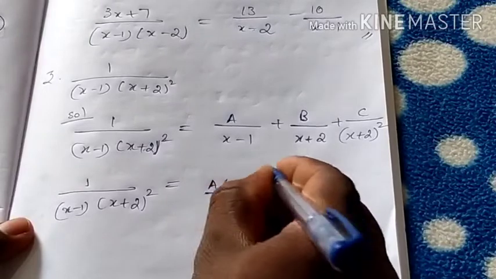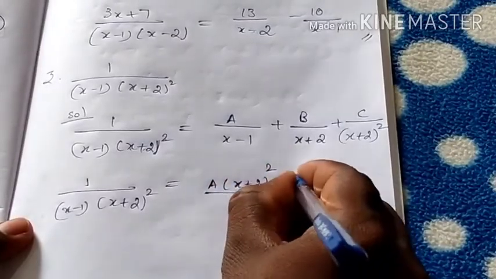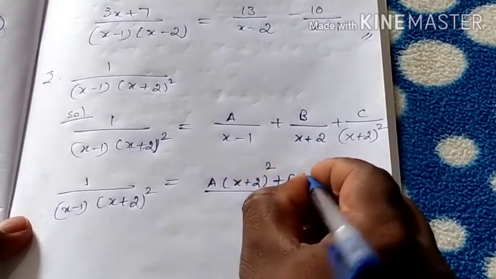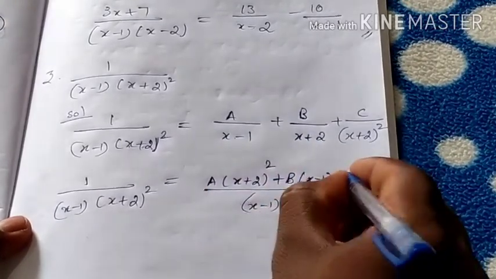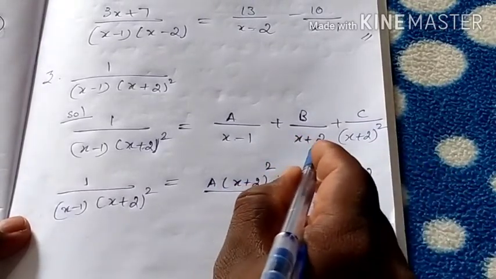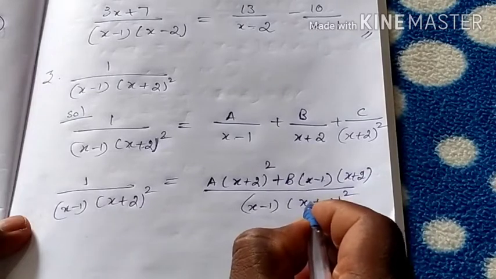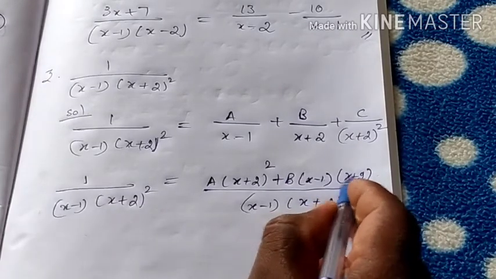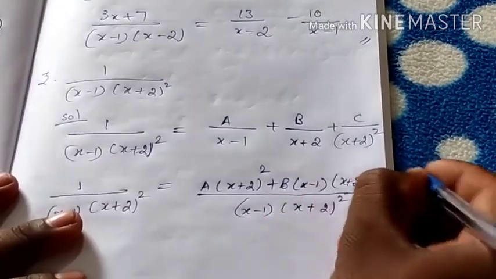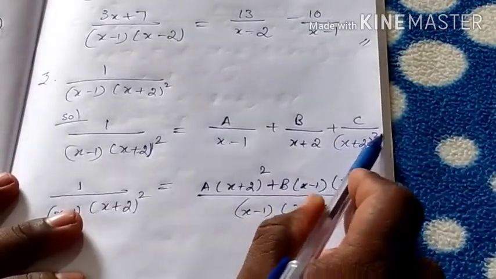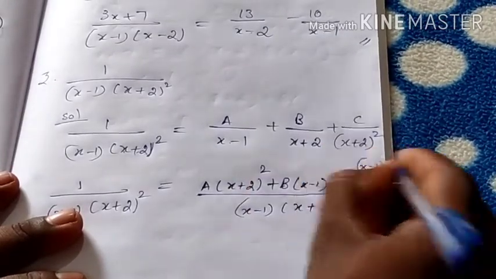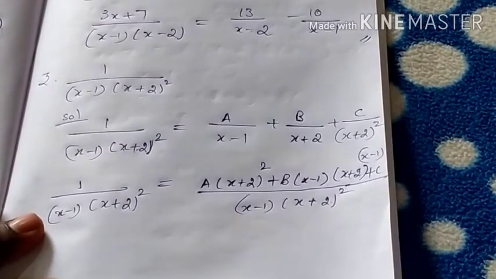Plus b into, here only x plus 2 is there, so the remaining terms are x minus 1 and one more x plus 2, because only one factor of x plus 2 appears, so the remaining factor of x plus 2 also we want to write. Then plus c into, here (x plus 2) the whole square appears, the remaining term is x minus 1. Have you understood?